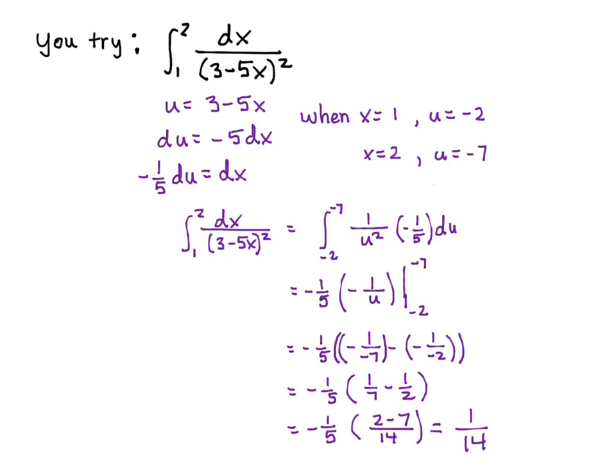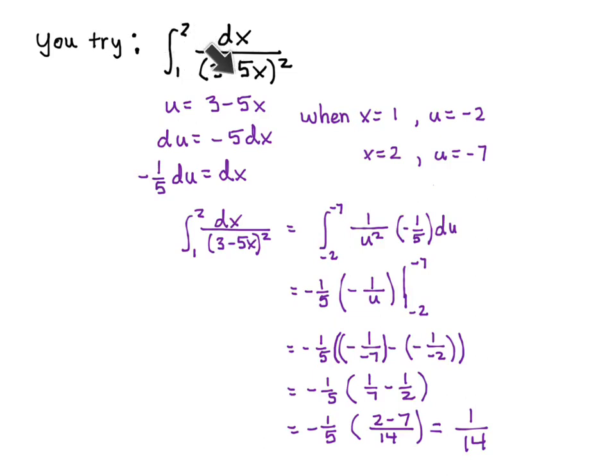Now earlier when I was talking about the properties of integrals, I was suggesting that you might want to do estimates of what this integral is without doing any computations, just to make sure that you get the right answer. And so here's a great example of this. 1 to 2, this is never negative.